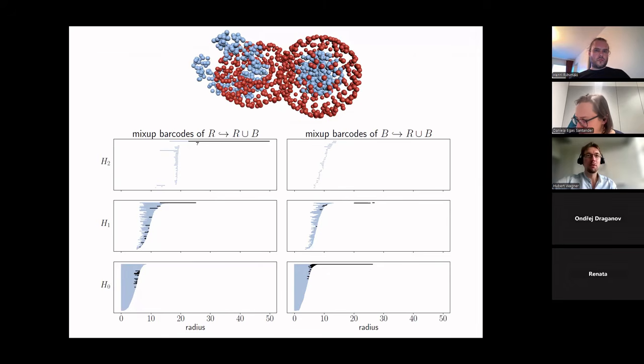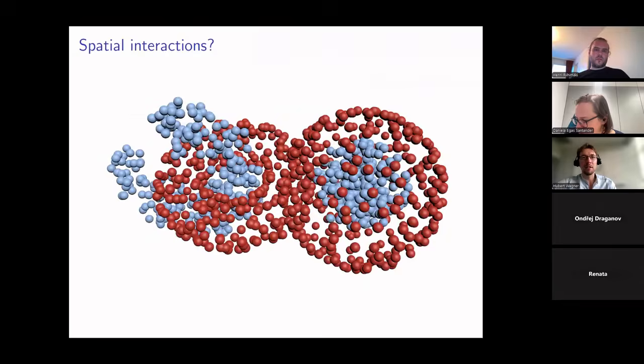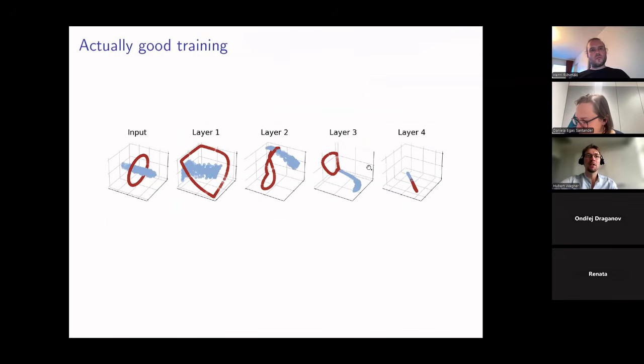Right. So in the experiments, what we were doing was trying to quantify how much. In the end we had a simple statistic derived from those mixup barcodes, and they essentially capture how much and how strong those interactions were.